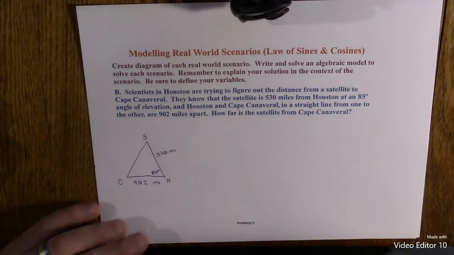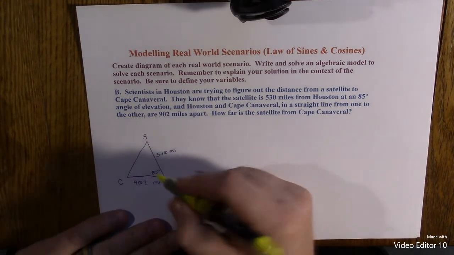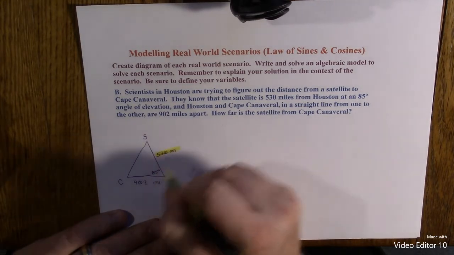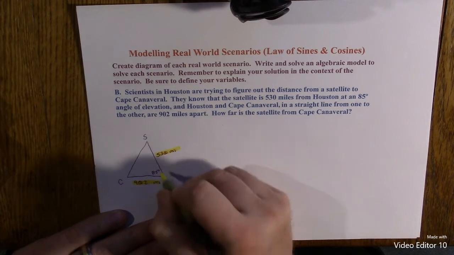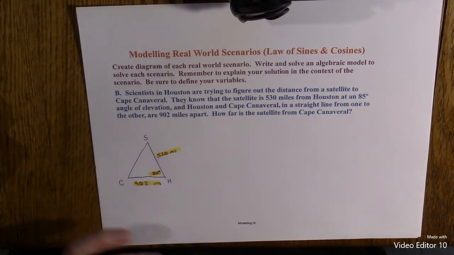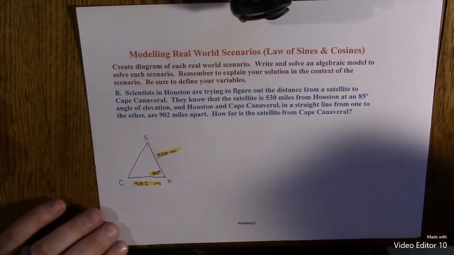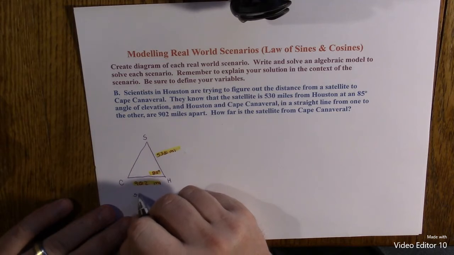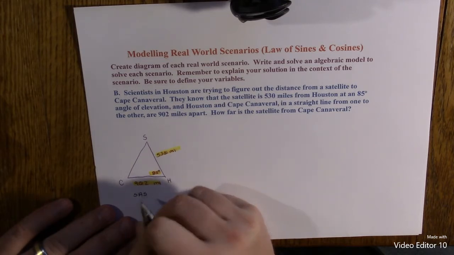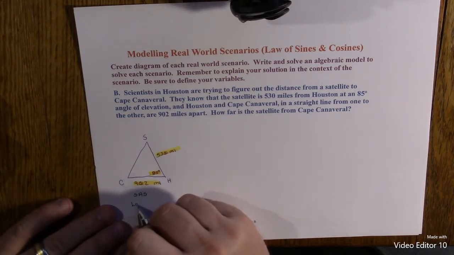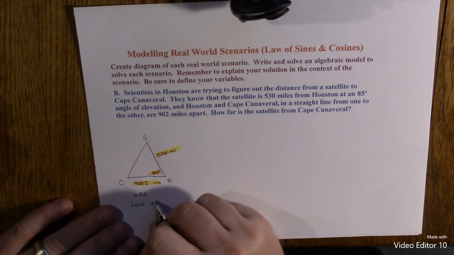Using this information, we see we have a side, we have a second side, and we know the angle between them. Then we have side, angle, side, which is the law of cosines.